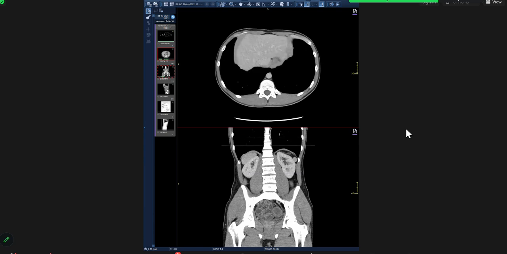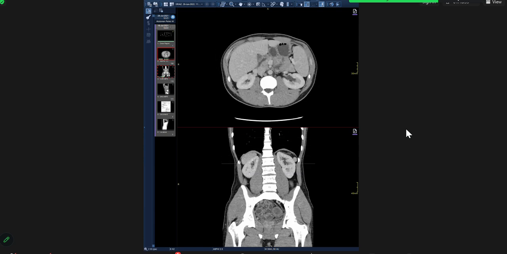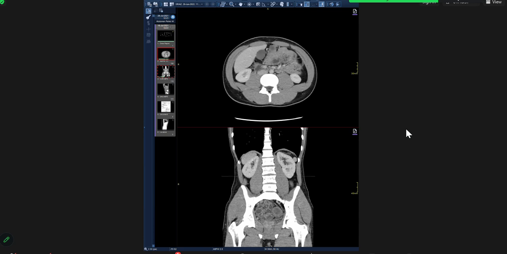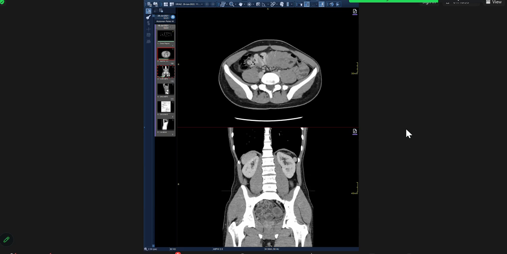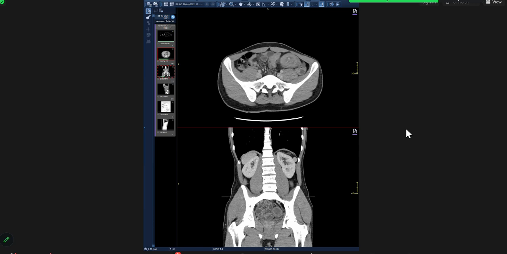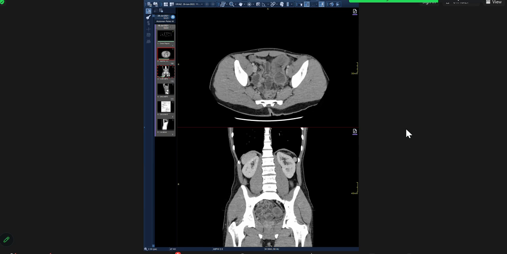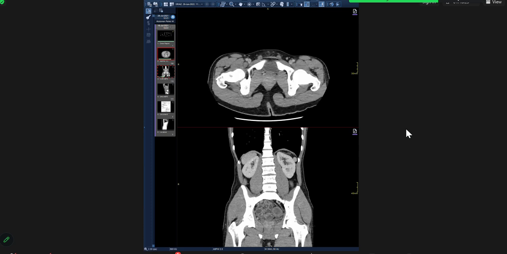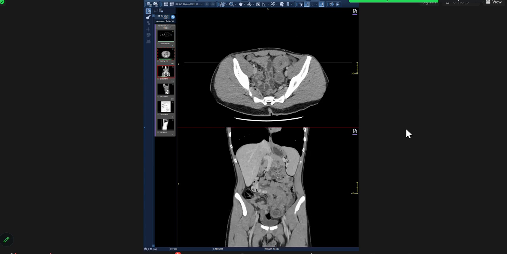Okay, so this is a 23-year-old male and has severe abdominal pain. So again, was brought to the emergency. All right. So I'm presented with a CT scan, abdomen, axial sections. Multiple fluid-filled bowel loops are seen in the abdomen.